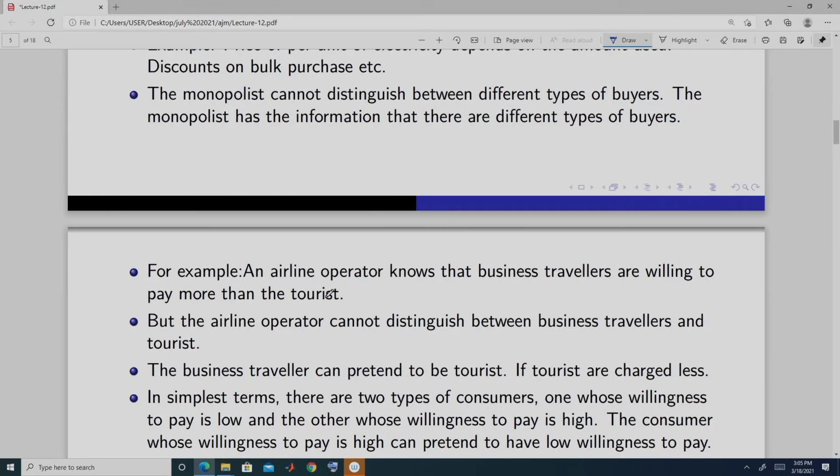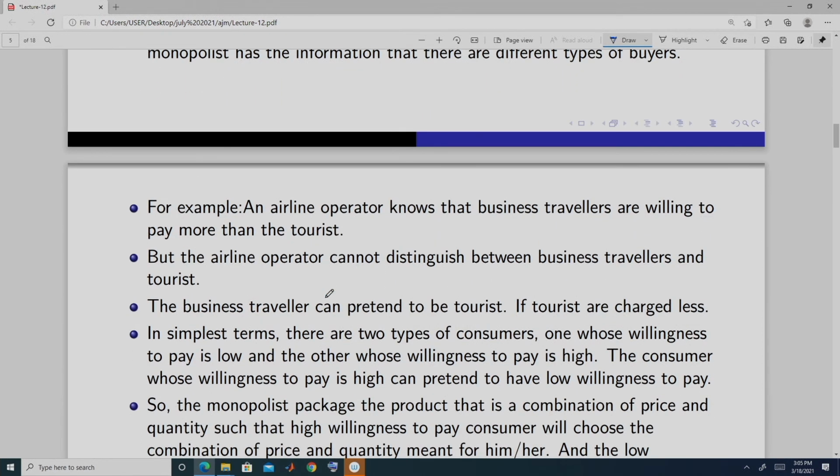It is something like this: an airline provider knows that it has 2 types of travelers. One is the business traveler and another is the tourist. The business travelers have a high willingness to pay. Why? Because it is binding on them; for business, they have to make this travel.